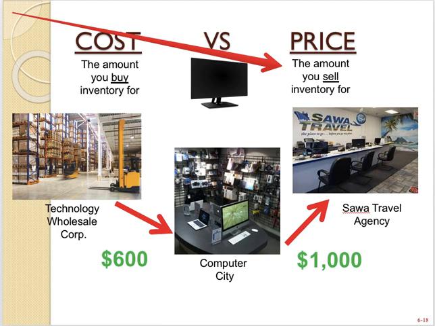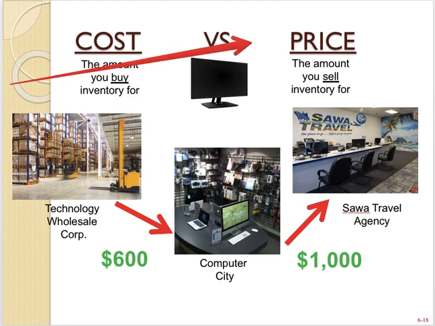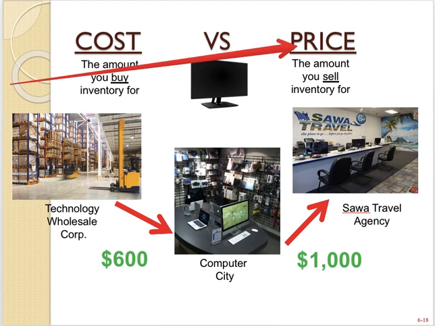But the average individual does not sell stuff. But businesses sell stuff. So, hopefully, the amount that they buy something for is less than the amount they sell it for. And it has to be that way because if the amount you buy it for is the amount you sell it for, you're not going to make any money. There has to be a difference here between the cost and the price.